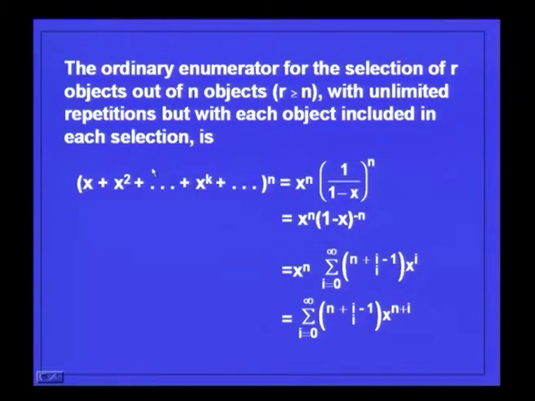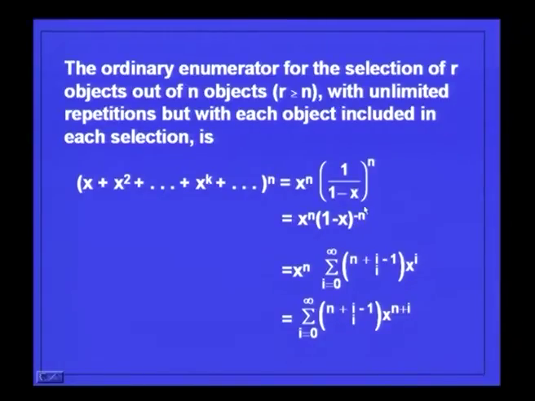So, the ordinary enumerator is given by this expression, and if you take out x power n, this is equal to x power n into (1 by 1 minus x) power n, or you can write it as x power n into (1 minus x) to the power of minus n.